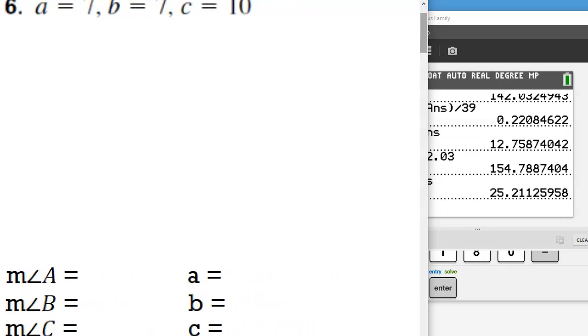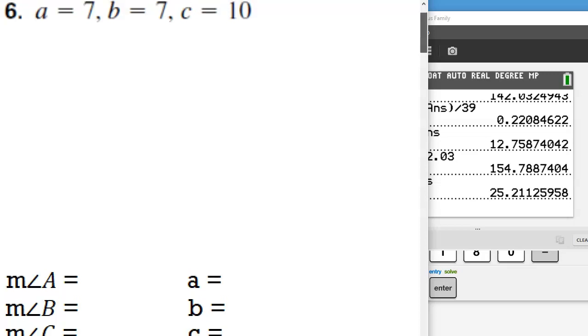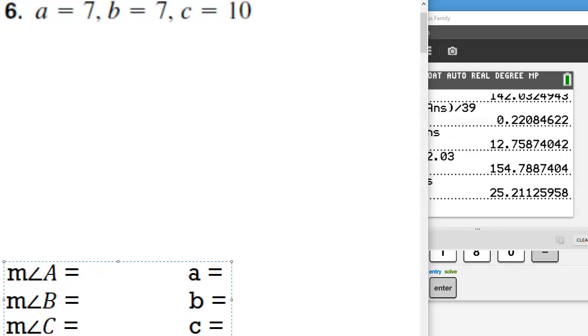And this one, I think, has potential to not be too bad for a number of reasons. Hopefully, you notice a little bit about what will make this last problem just a little bit more pleasant than the others, okay? A equals 7, B equals 7, C equals 10. So why is that going to be better?